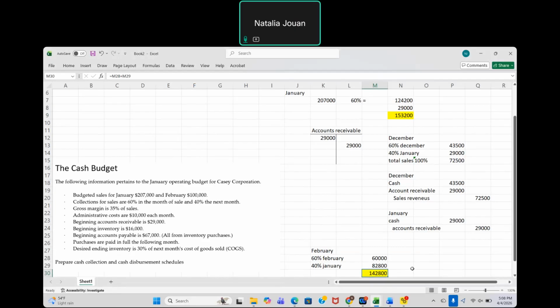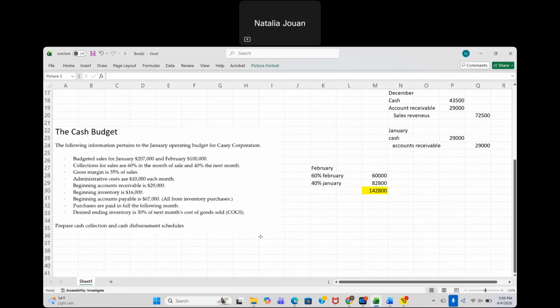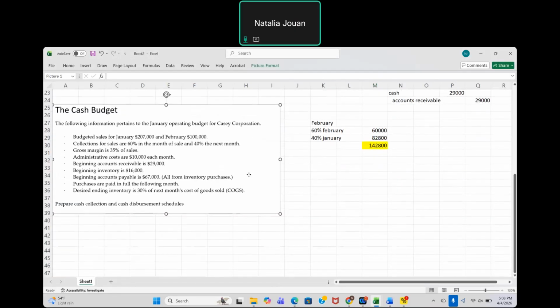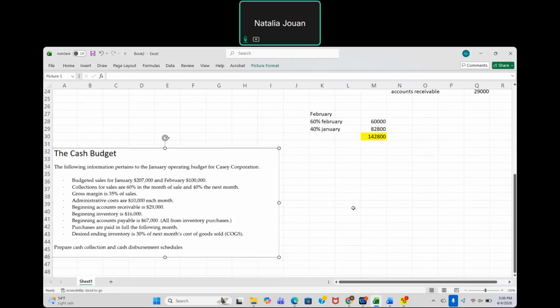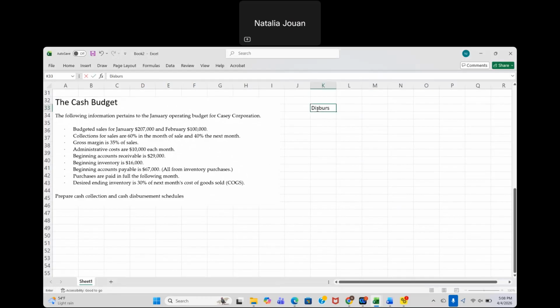Okay. Now let's talk about disbursements. For disbursements, step number 1 in cash budget, we're going to write the disbursement schedule. How do we pay? Let's look here. Look at this.